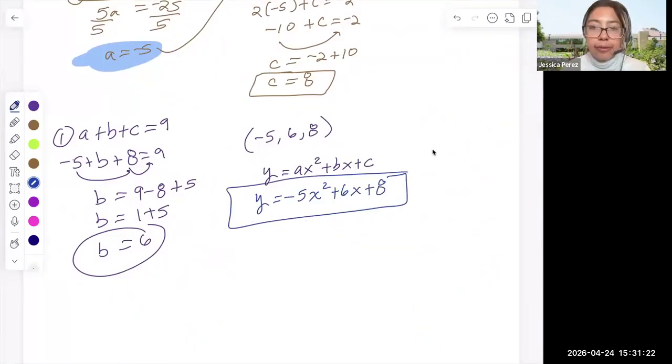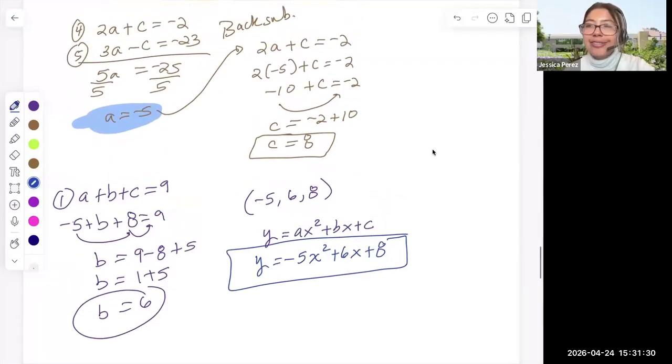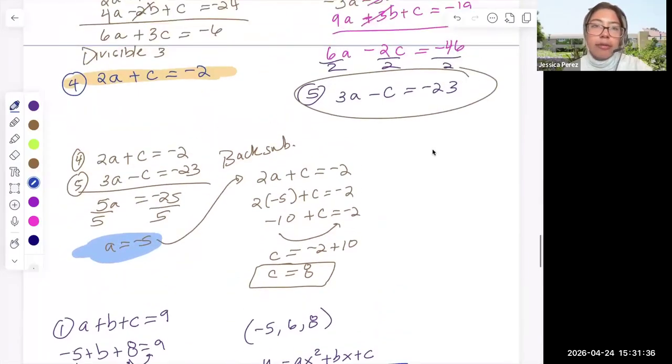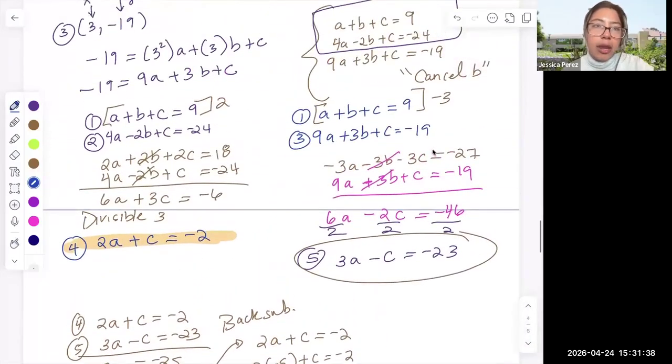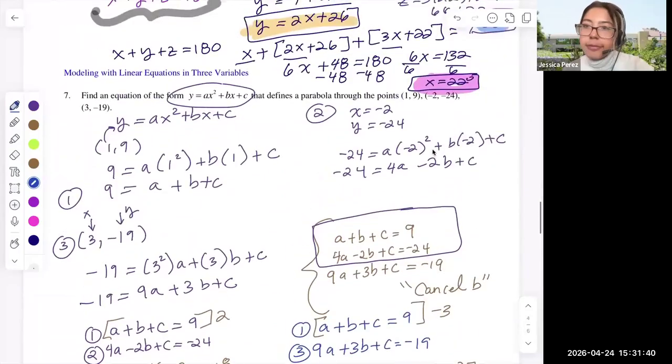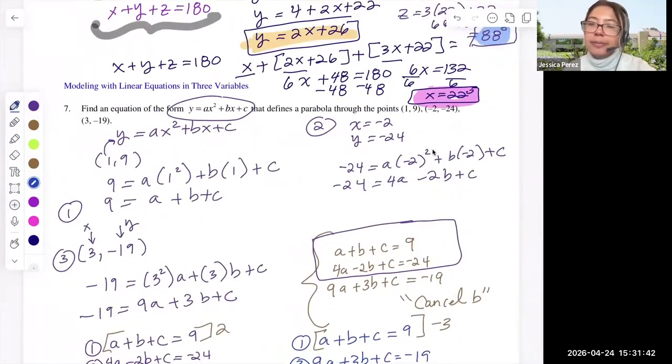And that gives me my full solution. So y equal negative 5x squared plus 6x plus 8. And with that, this quadratic equation verifies that all of them will pass through the provided points: 1, 9, negative 2, negative 24, and 3, negative 19.